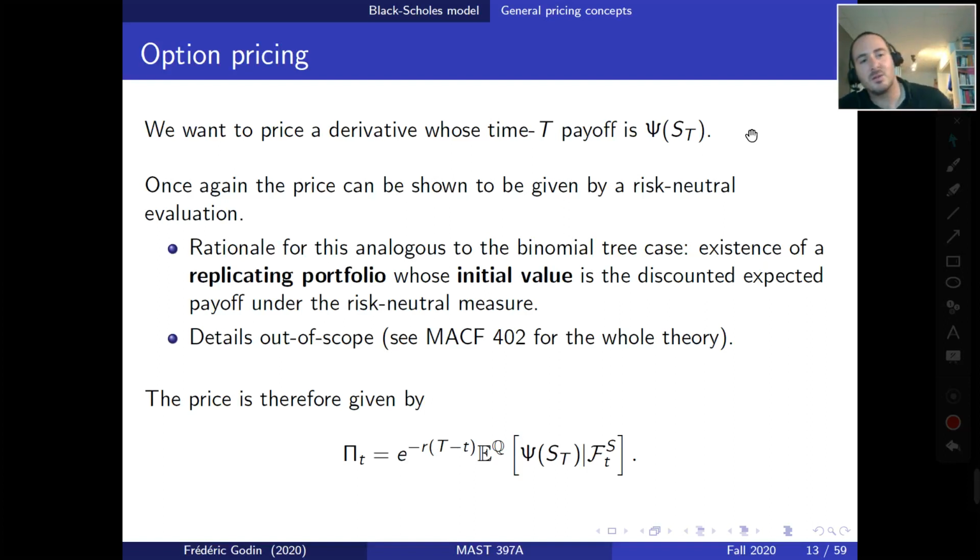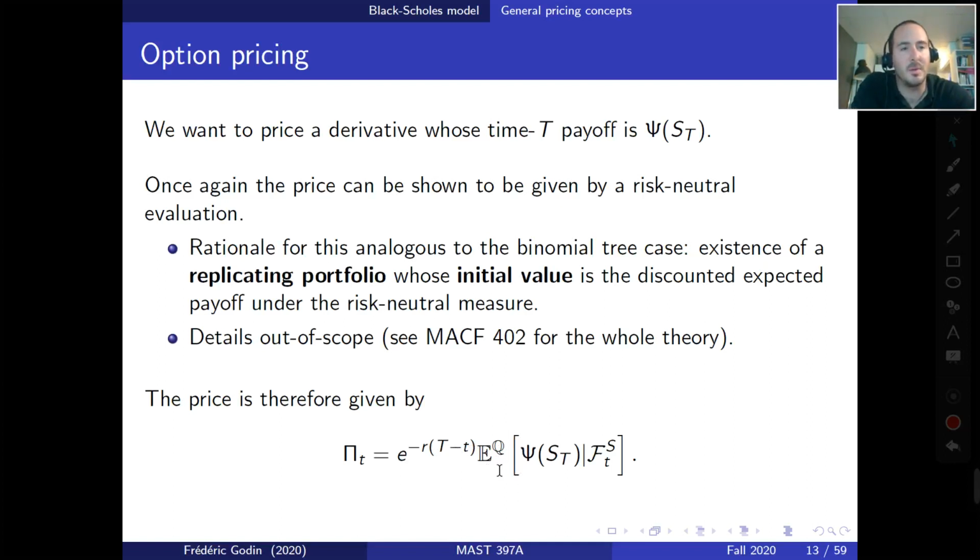Combining all these facts, using the same principles at least as in Chapter 2, proofs are omitted, but we're going to still use them in this chapter. The price at time t of a derivative is the discounted expected payoff of the option given the available information at time t. But again, the expectation is not under the physical measure, but rather under some risk-neutral measure.